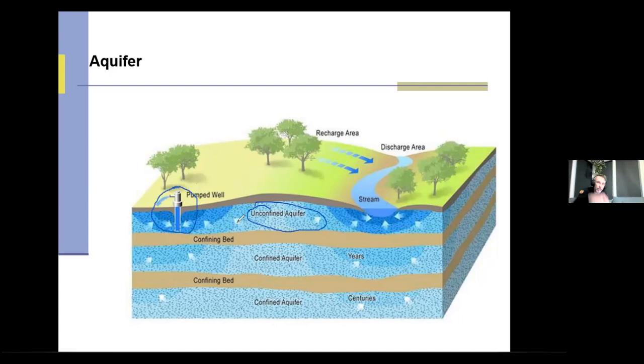If you take the plug out of the bathtub, what happens? The water's going to move towards the drain. This is the exact same thing. When I take that plug out or have a point of discharge, this well for example, water in this confined aquifer is going to move to it. It is also going to move towards the stream. So that's going to be two flows of water.